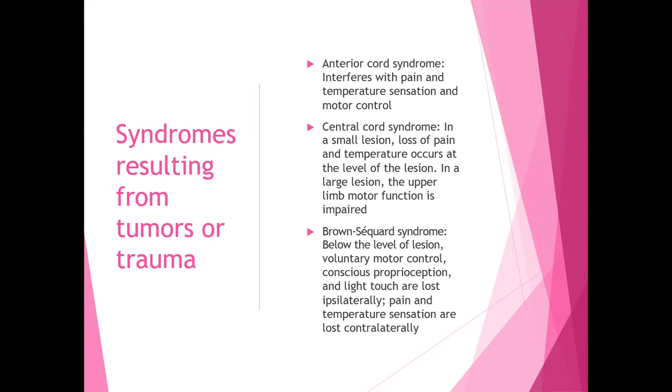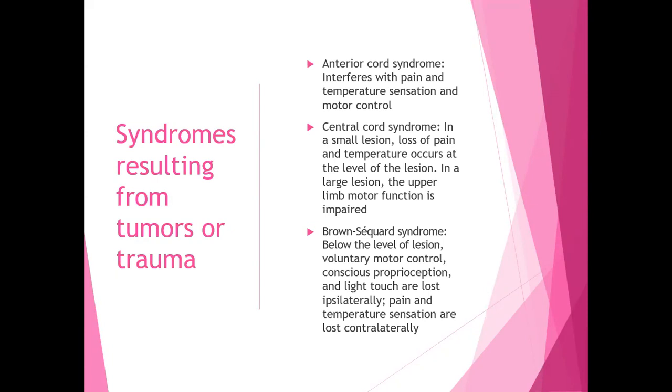And so ipsilaterally, you lose motor neurons and all sensations on the same side. On the opposite side, you lose nociception and temperature sensation because of where the spinothalamic tract crosses over. So, kind of interesting.